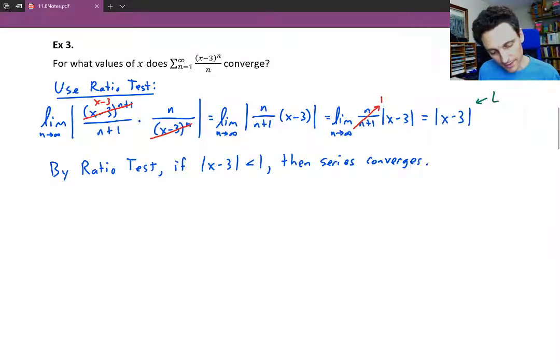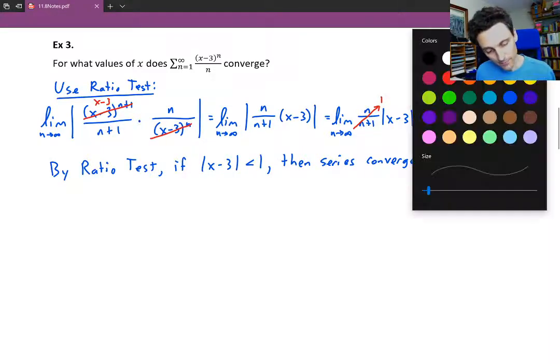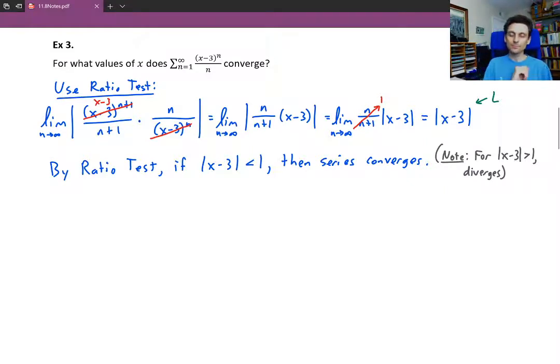Just as an aside, note that in the case where the L value is greater than 1, the series diverges. Okay.